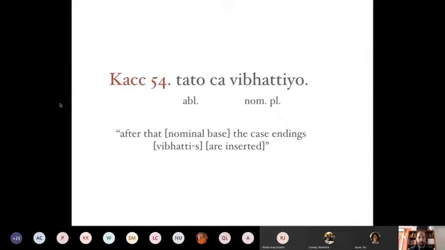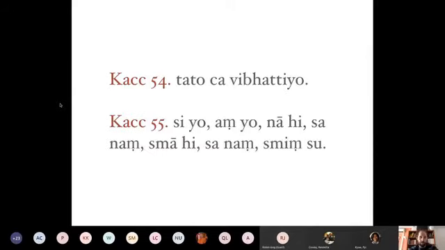After Kaccāyana 54, we have Kaccāyana 55, which gives us the vibhattis, that is siyo, amyo, nahi, sanam, smahi, sanam, smim, sum. So it might not be directly obvious what this means, but because we have already mentioned the name vibhatti before, what comes next is nothing but the definition or the representation of what these vibhattis are.